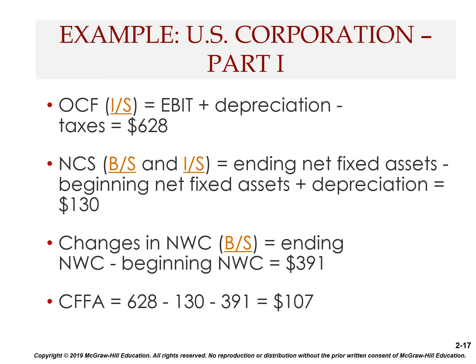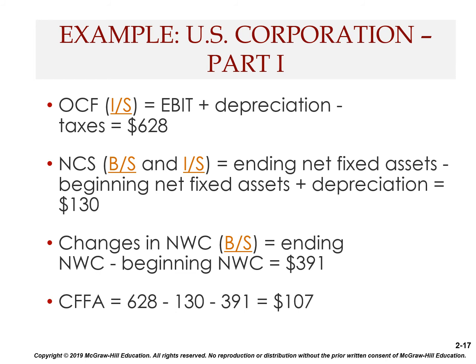Now, how do we compute operating cash flow? We're going to use the balance sheet and income statement for U.S. Corporation, which were in a prior slide and are also on pages 23 and 26. The formula is in your book on page 33.